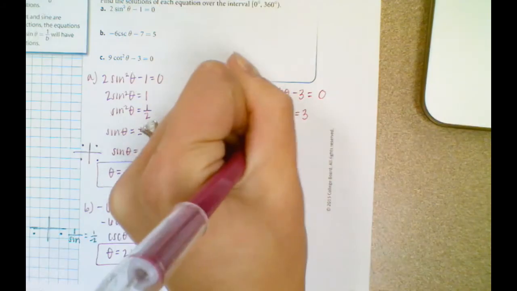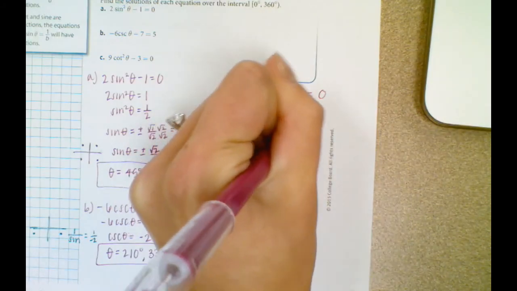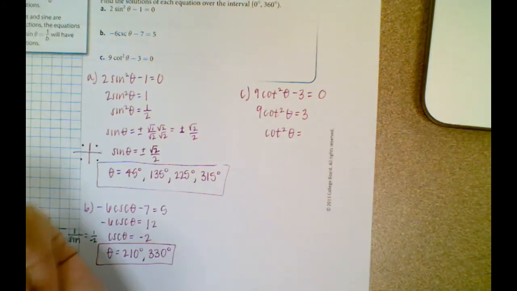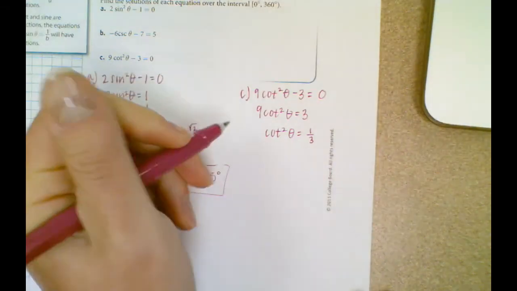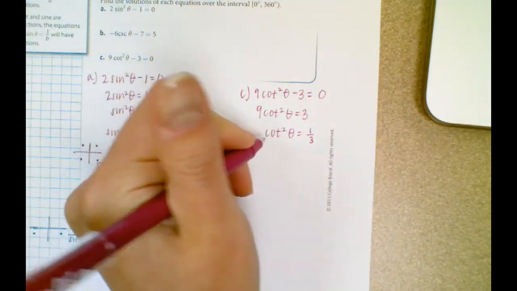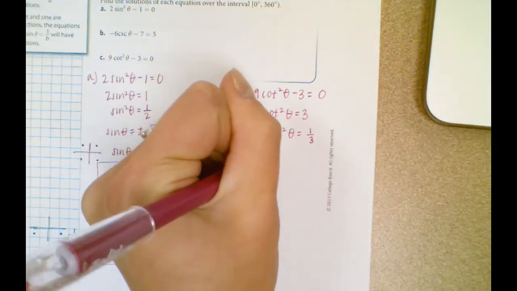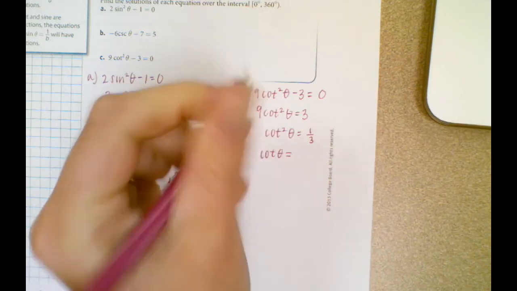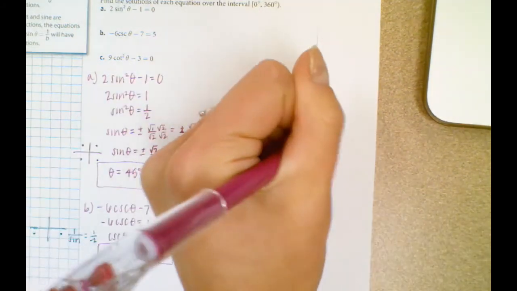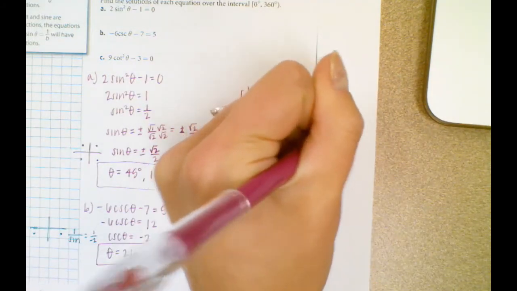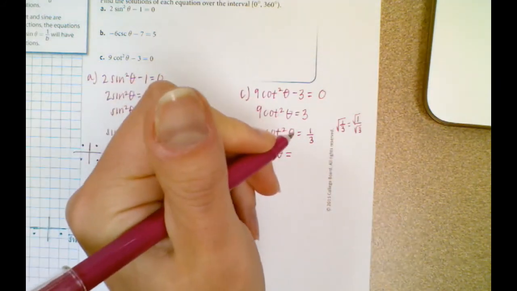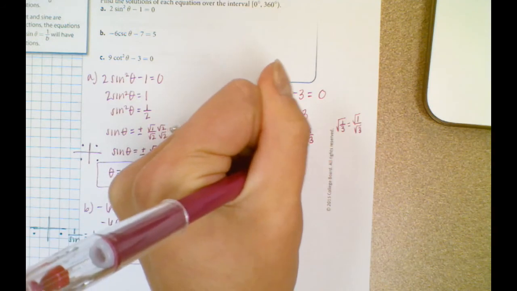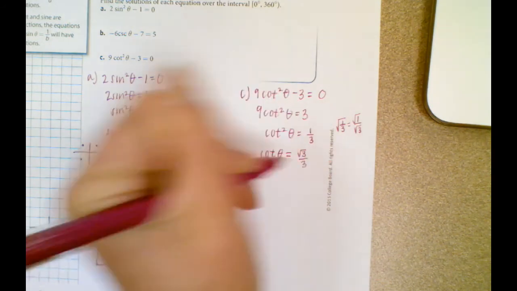Then I'm going to divide both sides by 9, so cotangent squared theta equals 3 divided by 9, which is 1/3. All right, then when I take the square root, I'm going to get cotangent of theta equals, okay, so the square root of 1/3, again, you can think of that as square root of 1 over the square root of 3. Okay, I'm going to end up with the square root of 3 in the numerator and just 3 in the denominator.